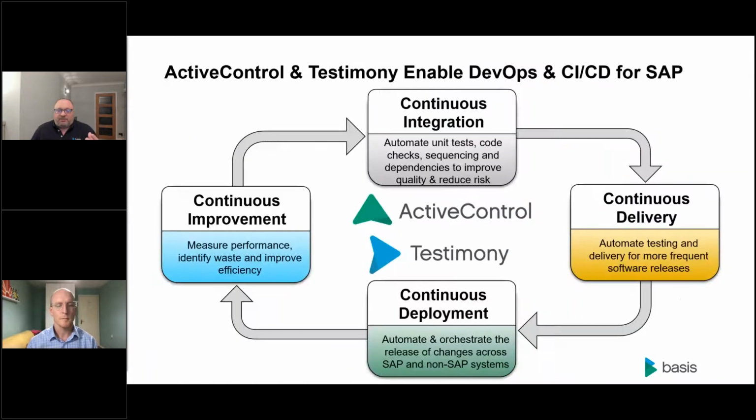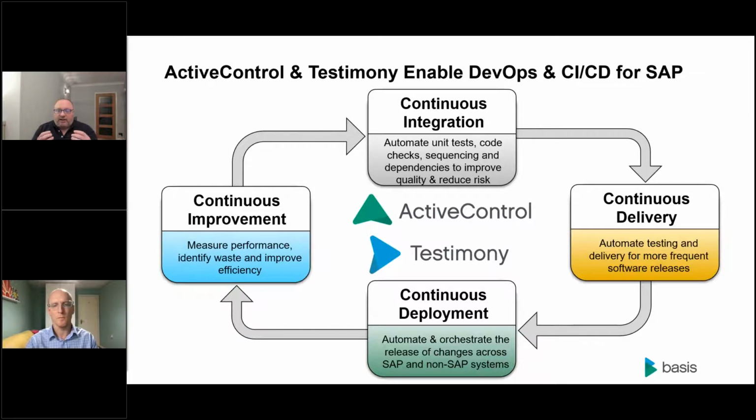And so together, just to finish off a bit, this allows us to do our continuous integration with our automated unit tests and quality checks and dependency checks, etc., and impact assessments, so that we are increasing the quality that's coming out of our development environments.